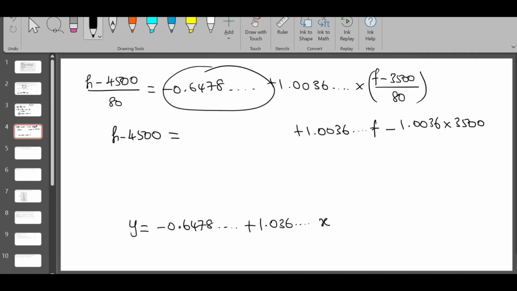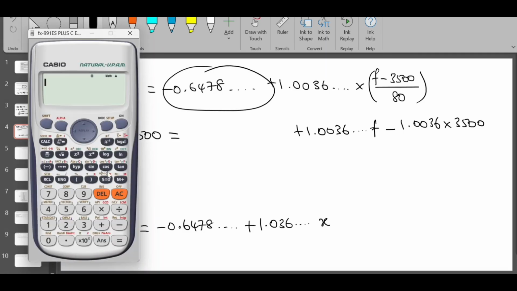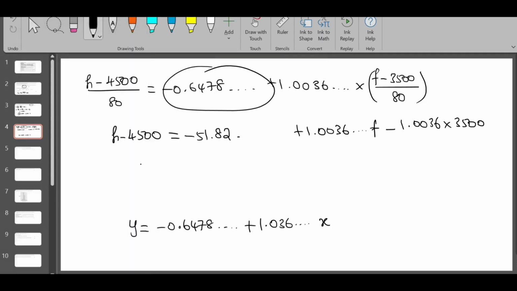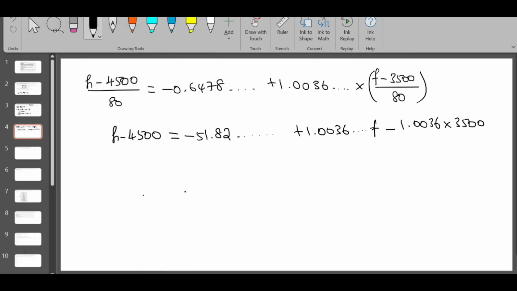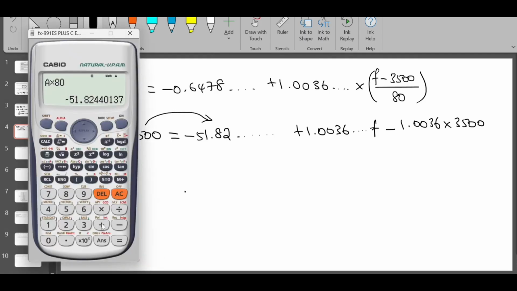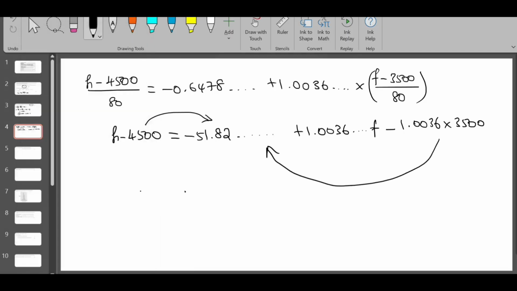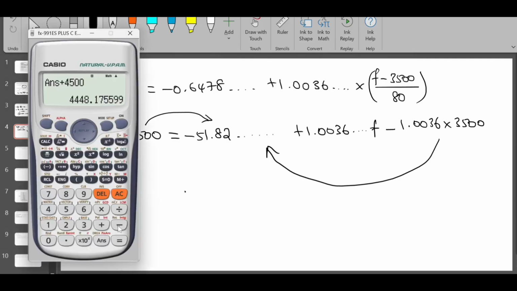Here I'm going to get the value of A times 80, so minus 51.82 dot dot. And then if I bring this value here, I need to add 4500 to it, plus 4500, and then minus 3500 times the value of B.